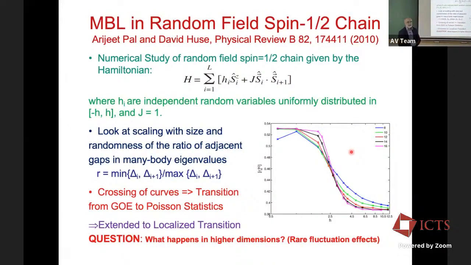Well, I don't know to what extent that number is even reliable, to be very honest. What I would say is that we have a mathematical proof that for large enough H, it is going to be many body localized. But where the transition takes place, I would say is still up for grabs. I mean, what they know for sure is that this is not the right answer for large sizes.